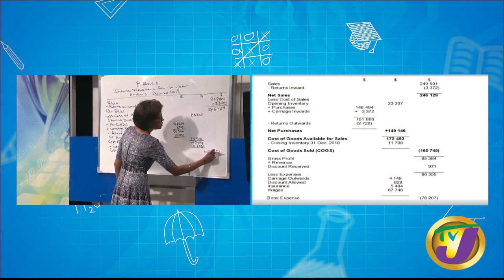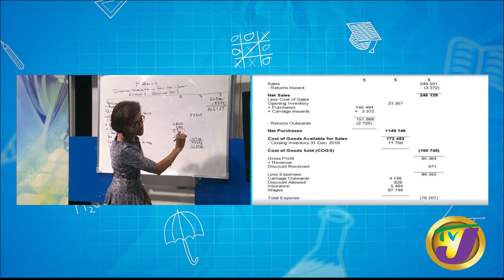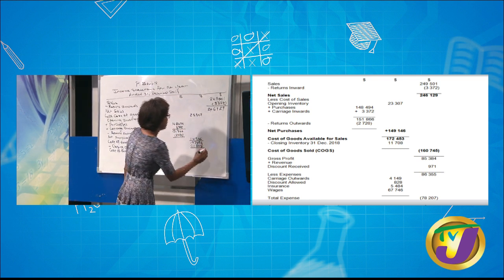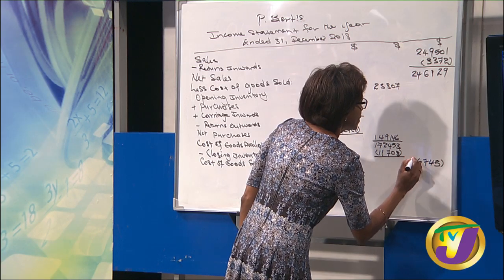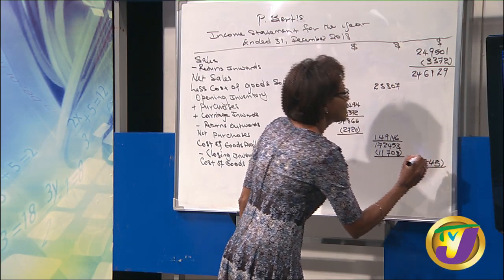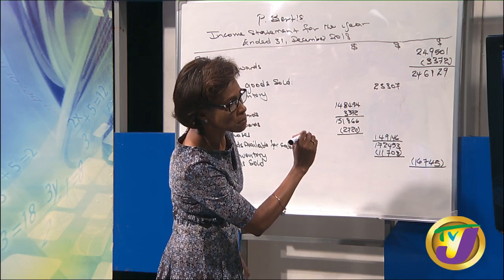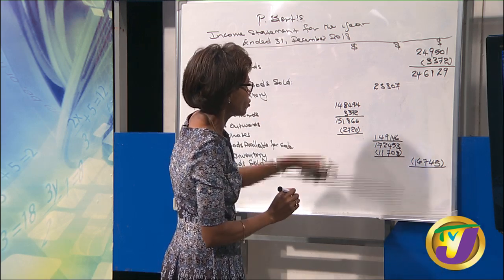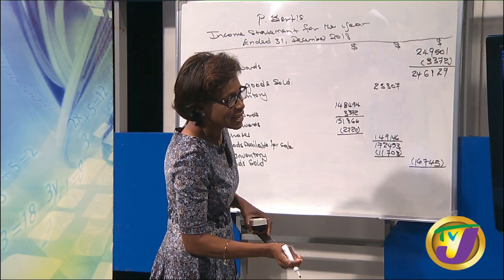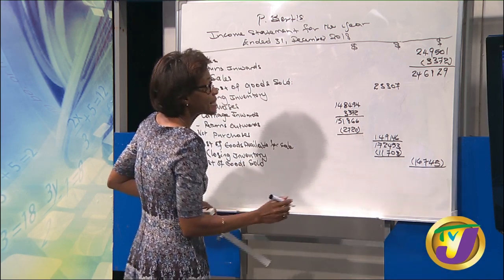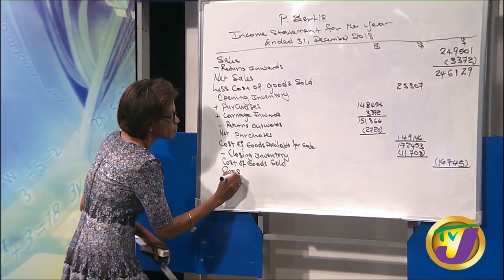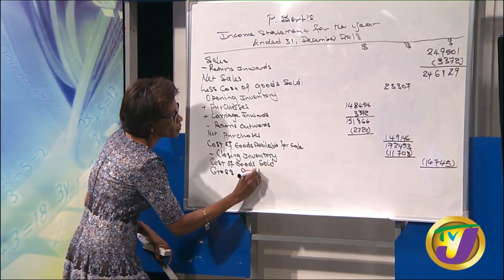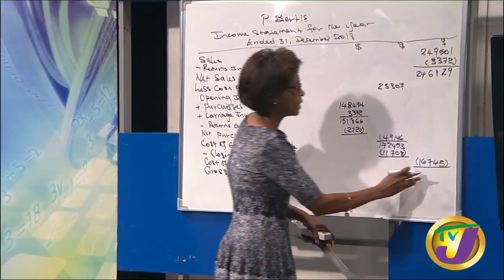We're going to take it across now to our net sales. So, sorry, the figure is again 160,745. We're taking it away from our net sales figure, which is 246,129. Therefore, the figure that is left is our gross profit. So we're going to put gross profit.